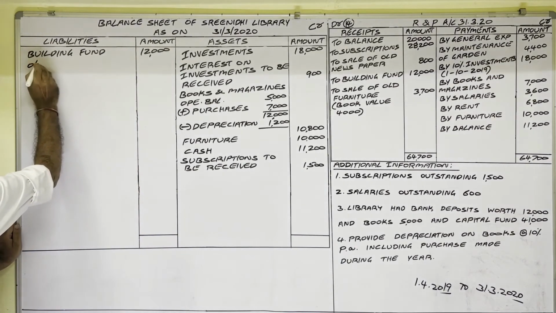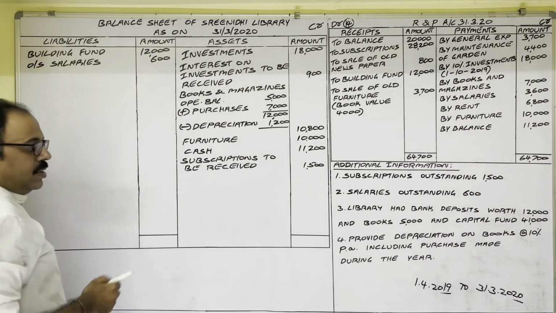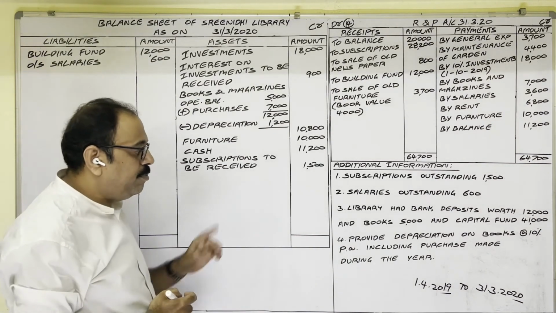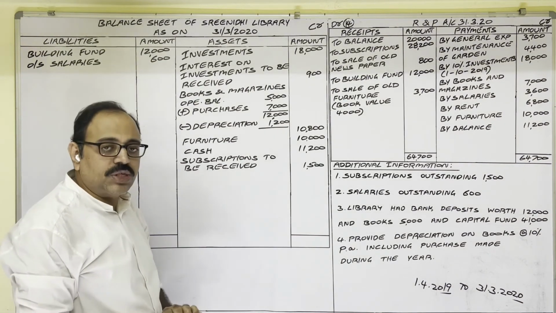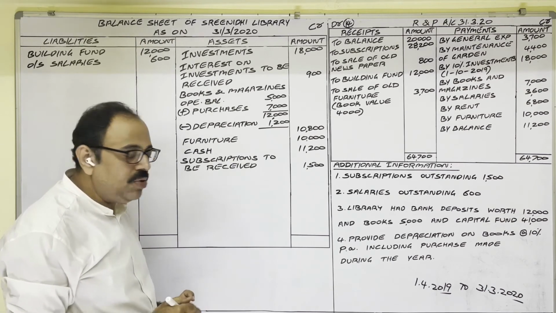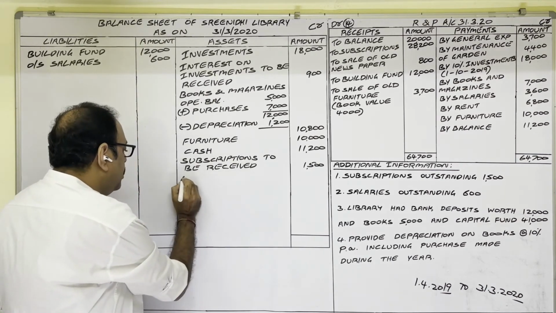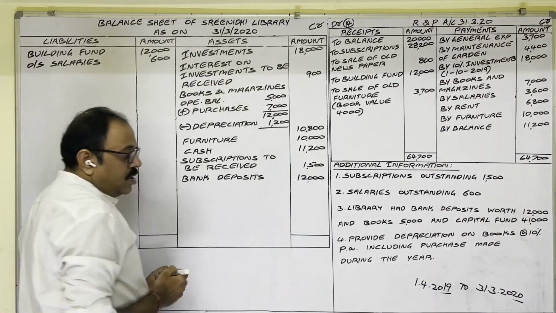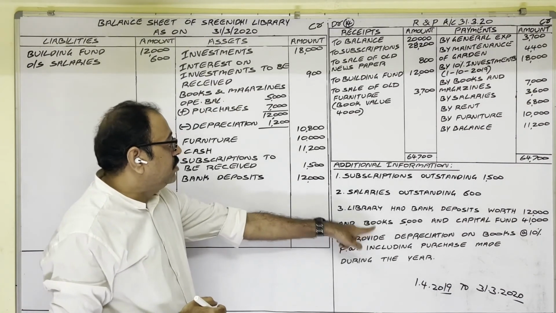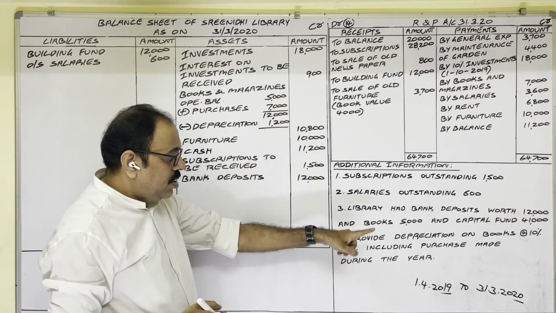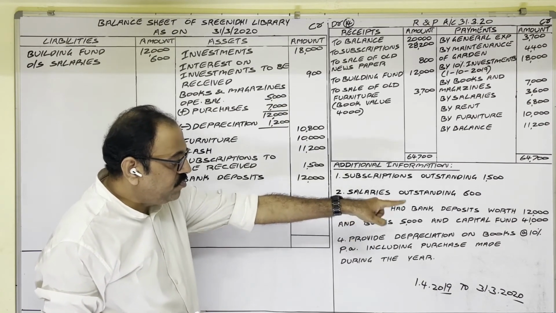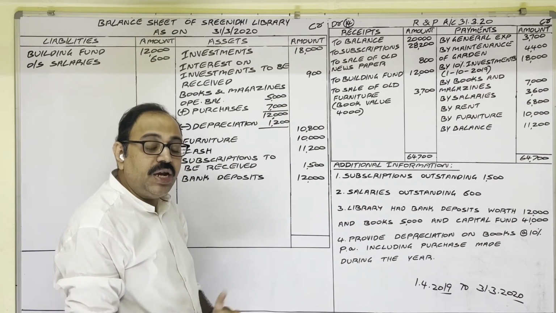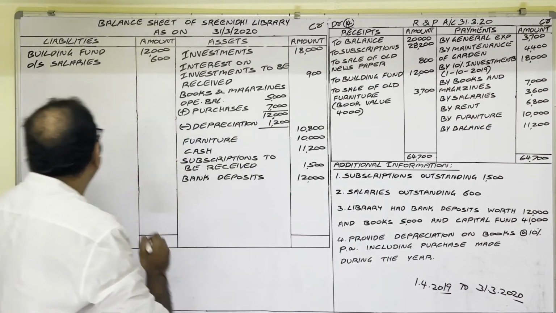Outstanding salaries 600. Third, the library had bank deposits worth 12,000. Bank balance is an asset, no? Asset side. Bank deposit 12,000 rupees. And books 5,000 we have taken here. And capital fund 41,000. Capital fund we have to show under the liability side.